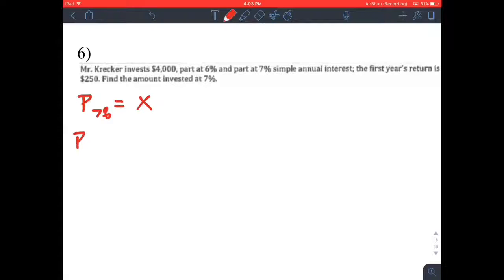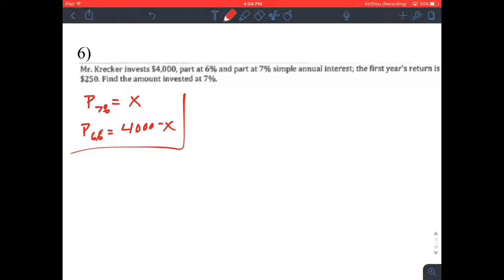The principal at 6% has to be whatever the total is, which is 4,000, minus what you put in at 7%. So that's going to be 4,000 minus X. If you add those two numbers together, you should get 4,000, and you do because the X's cancel. So we got that out of the way. That's from that first sentence.